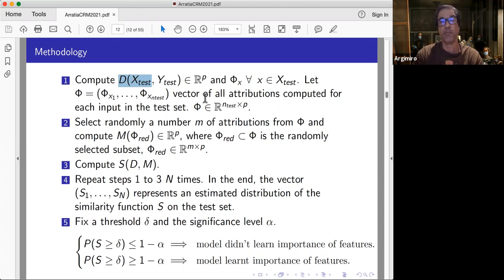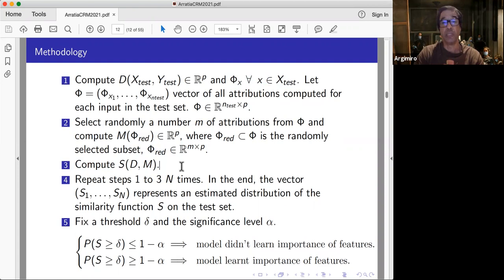And my variables, I compute my local feature attributions, and from this, select randomly a number M of attributions and compute my model explanation, right? Then compute the similarity, say apply the cosine similarity, and then I repeat these steps n times.